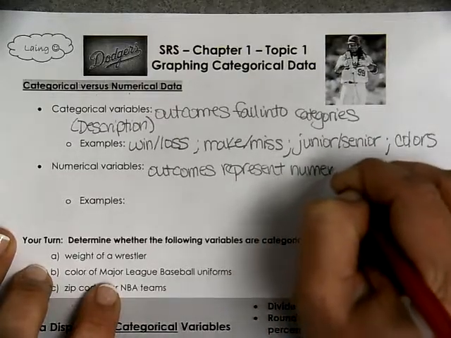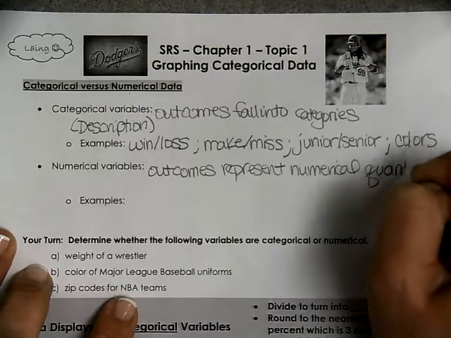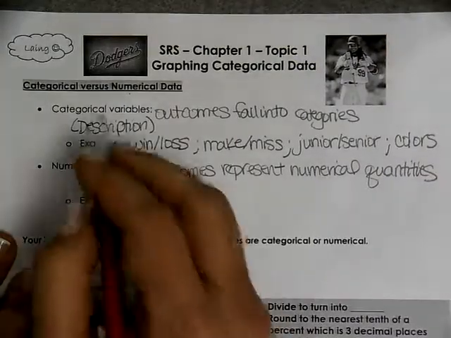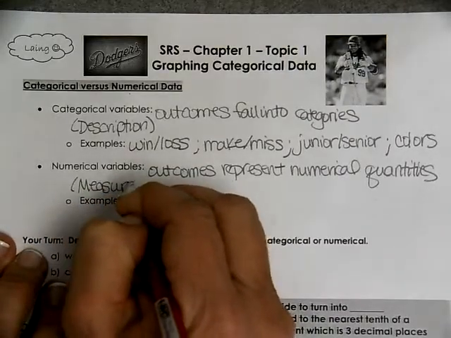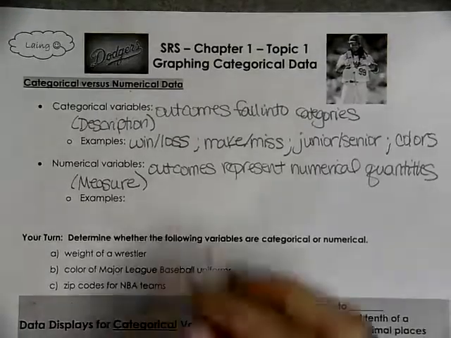Okay? Now, numerical variables are where the outcomes represent numerical quantities. Now, just because it's a number doesn't mean it's a numerical variable. To be a numerical variable, the number has to be measuring something and not describing something. So numerical variables are where we have a measurement.